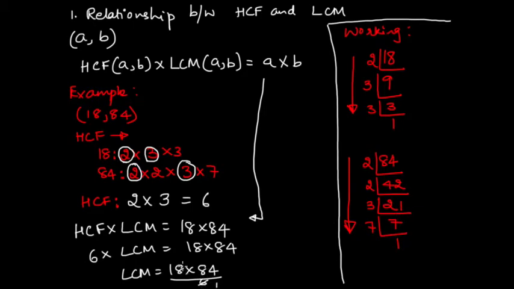So 1 time 3. So 3 times 84 gives us 252, right? So 252 is the LCM.